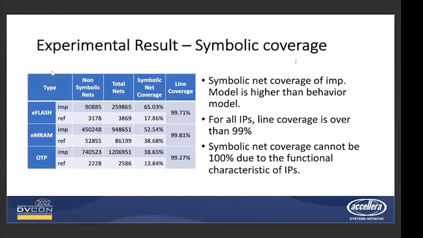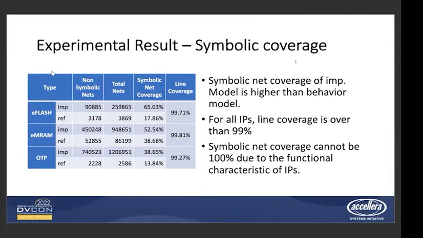So let's look at our experimental results. This is a coverage analysis report from our ESP simulation. This coverage report is generated by the ESP tool when the symbolic simulation is completed.